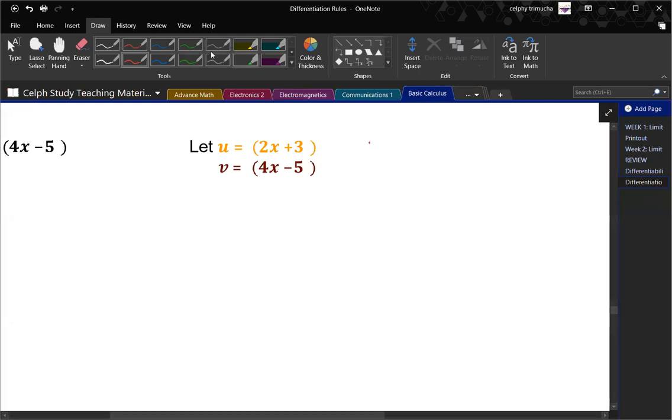So du naton, derivatives ng 2x plus 3 will be 2. Derivatives ng 4x minus 5 dv. Derivatives ng 4x will be 4 na lang.